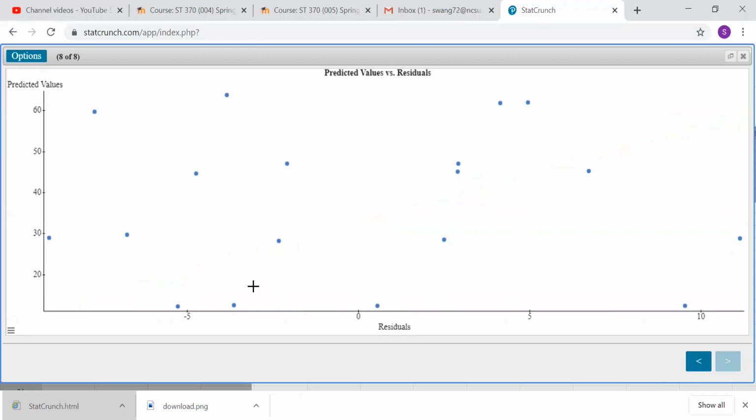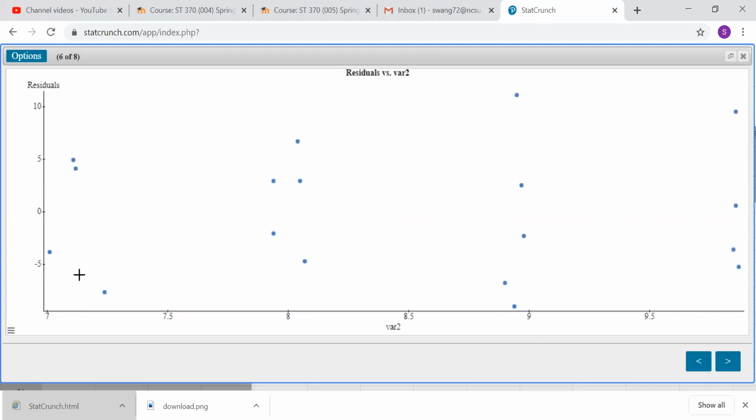And the values are pretty much scattered around 0 with no obvious pattern. So the average to zero assumption is met, and the equal variance assumption is also met because there is no obvious pattern. The predicted value versus residuals plot is the most used residual plot, but those others are also used as well.